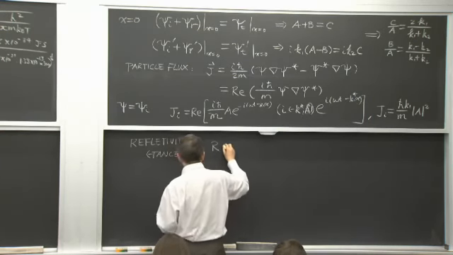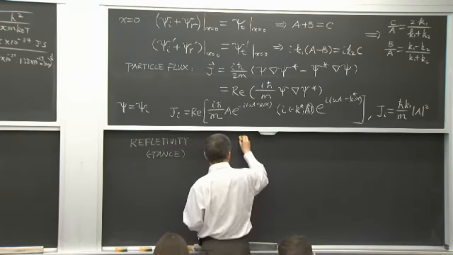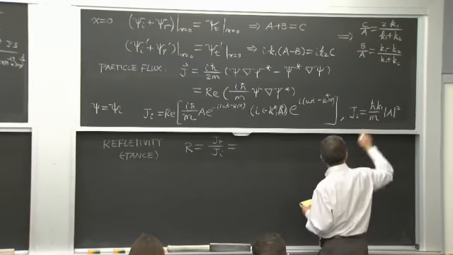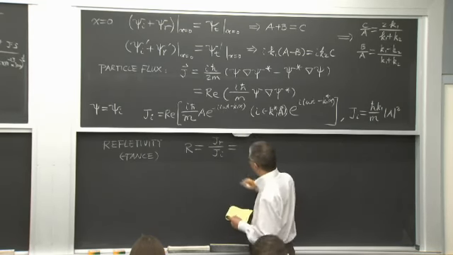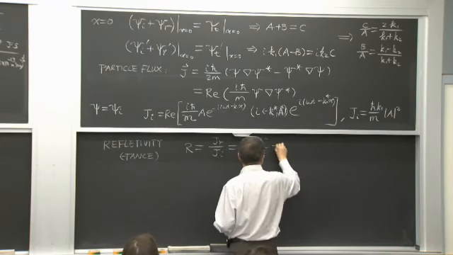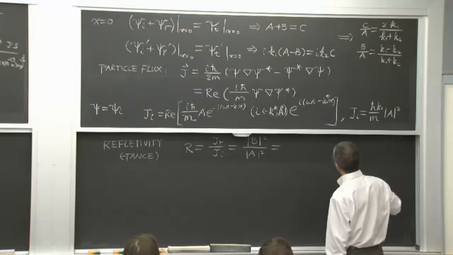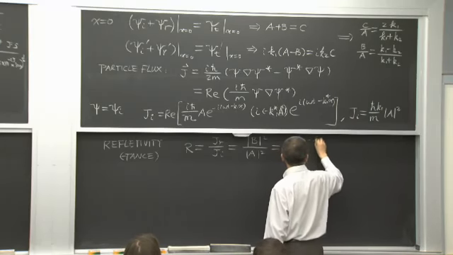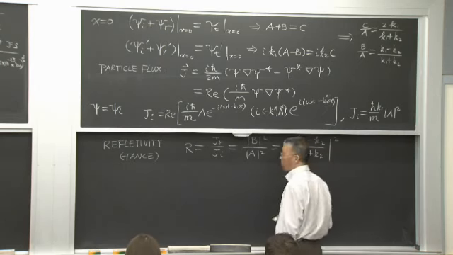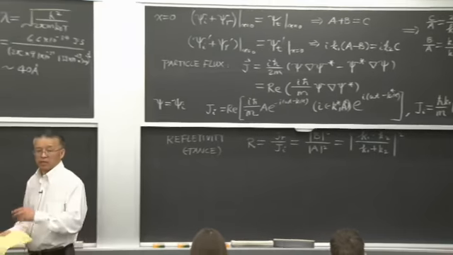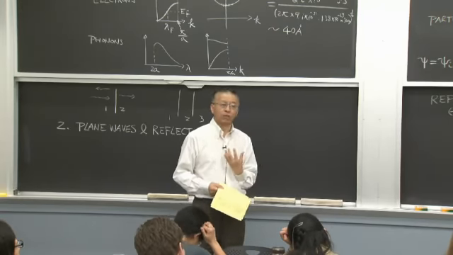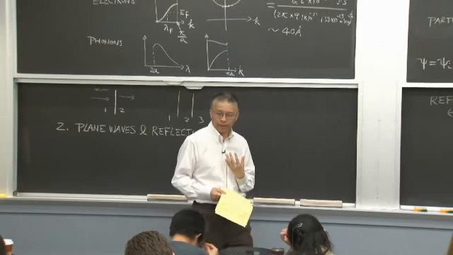So reflectivity here is J_R divided by J_I, and because k1 cancels in the same media, it really just has B squared over A squared. And B over A is (k1 minus k2) over (k1 plus k2), squared. So that's the reflectance at the interface for a particle wave due to quantum reflection, right?